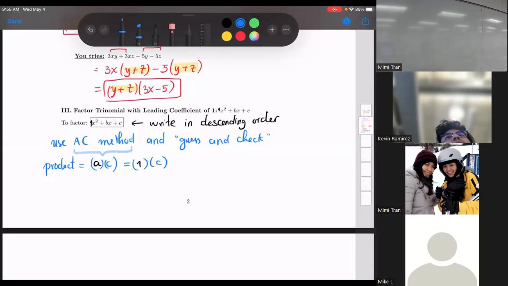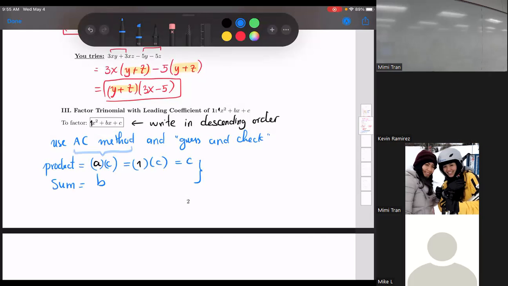And then times C, well, anything times 1 is just itself. So the product is going to be C, and the sum is going to be B. So I want you to find 2 numbers that when you multiply, give you C, and then when you add, give you B.